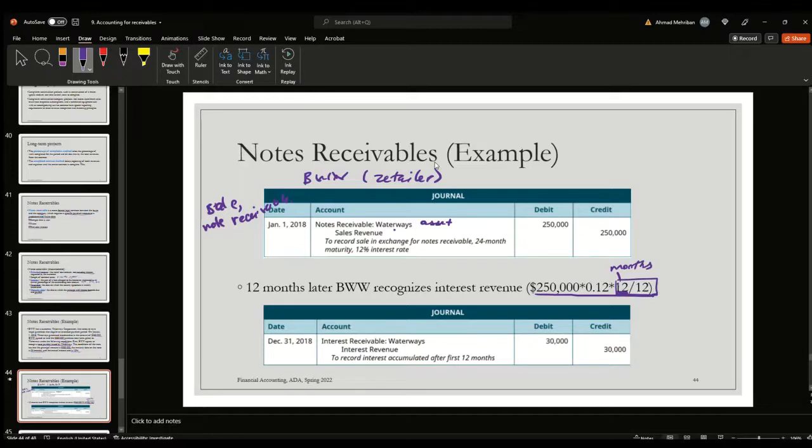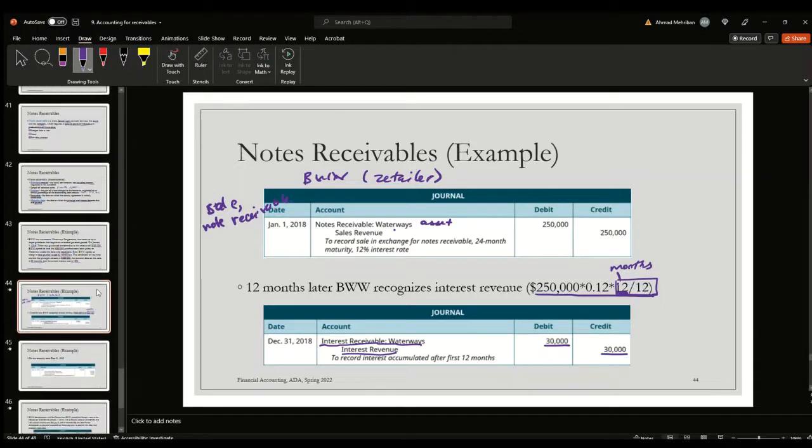So the entry will be interest receivable, which is now recognized because they have this asset earned, so it is debited 30,000, and interest revenue, because it has been earned by this point, on the credit side. I hope this is very easy. You've done it before and it shouldn't be an issue.